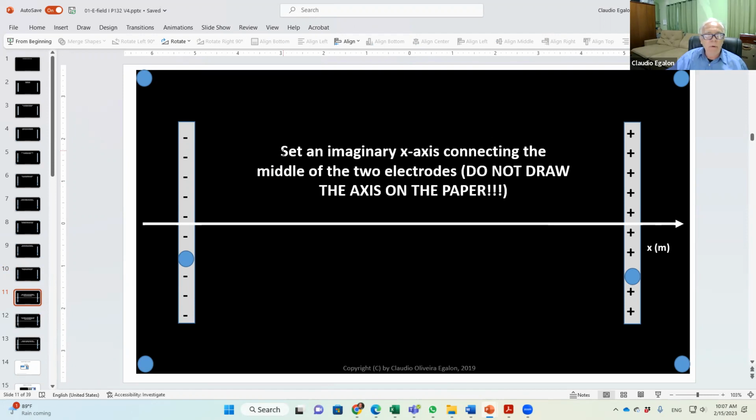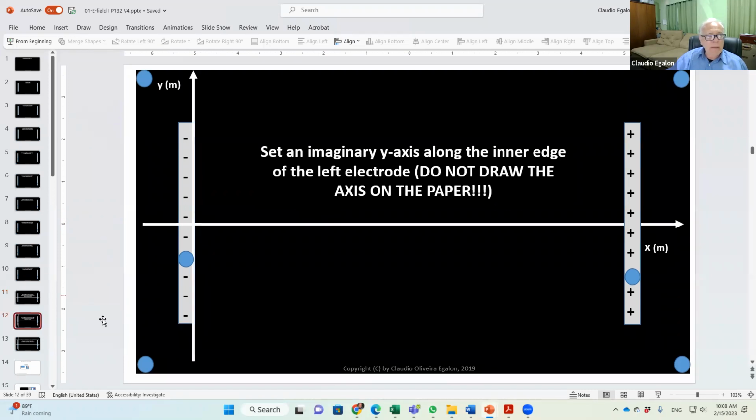When we performed the experiment, I asked my students not to write down the x-axis on the paper because you can damage the paper and won't be able to perform a good experiment. Now we also set a y-axis at the inner place of the negative electrodes.